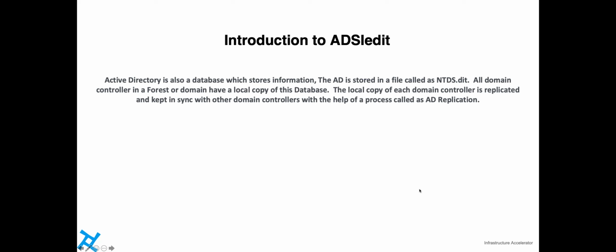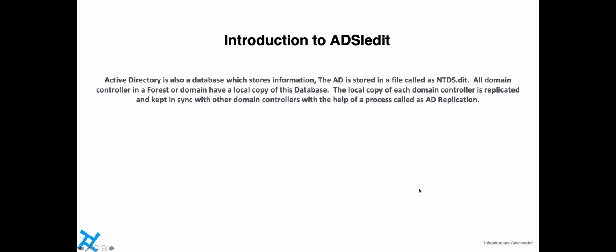Remember when we were promoting the first domain controller, you would have noticed that it asked you to provide certain paths. It gave the default path of C Windows System32 somewhere, and we would have chosen that. But we also had an option at that time to change the path to somewhere else.